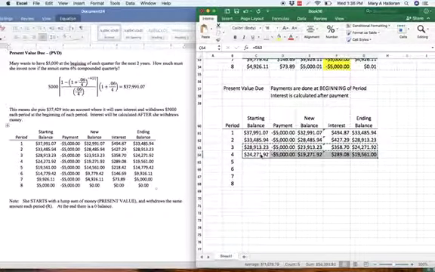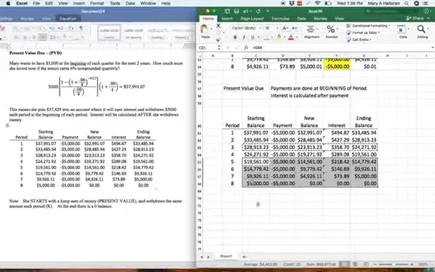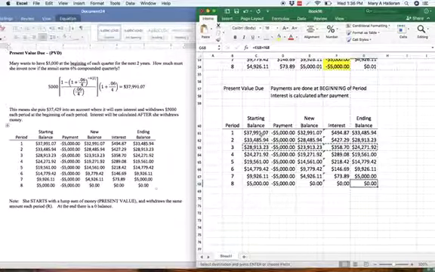For the fourth period, it gets rolled over. I pull $5,000 out. I'm down to $19,000 and change. I make a little under $300 in interest. I'm now up to $19,500. And I keep going until I get to the very, very end. Notice at the very, very end, I've got nothing.